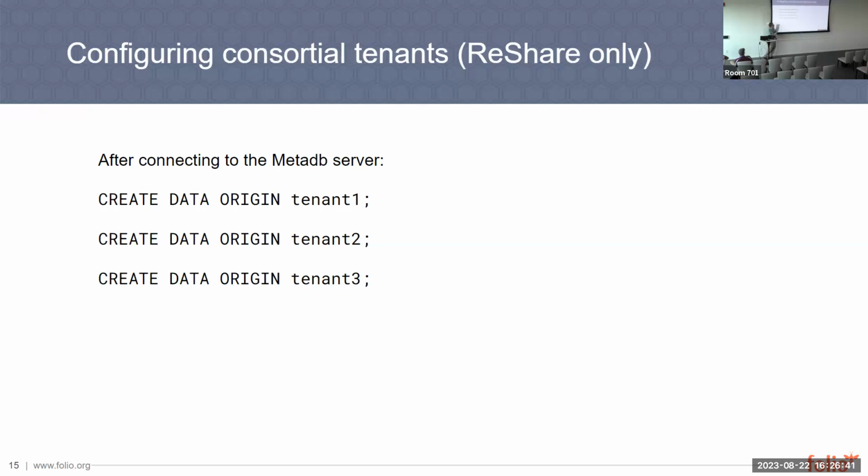And so what Metadb will do is combine them all into a single patron request table and a column called origin. And origin contains the name of the tenant. So just to make it very easy to do SQL querying across some or all or one tenant. And so for each tenant, you create a data origin so that Metadb knows about it and understands what it's dealing with.